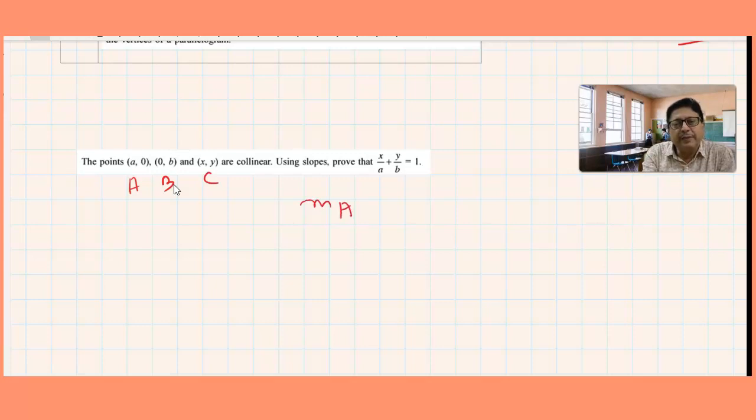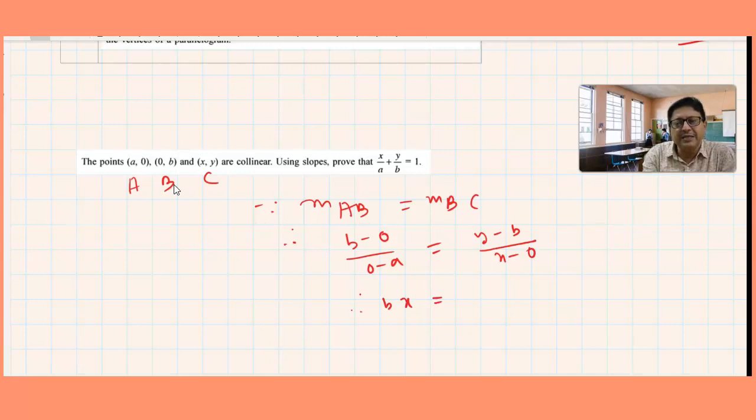Since slope of AB equal to slope of BC, therefore what is slope of AB? B minus 0 by 0 minus A. What is slope of BC? Y minus B by X minus 0. If you compare, it is Bx. Therefore AY plus Bx equal to AB.